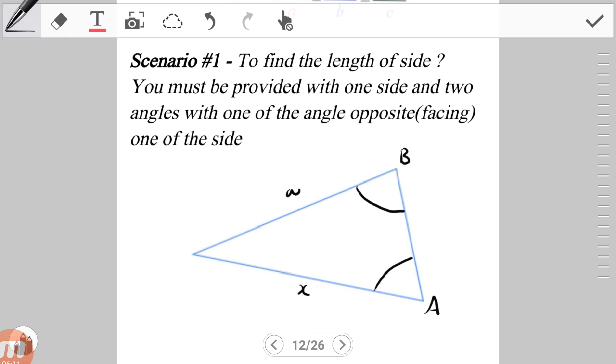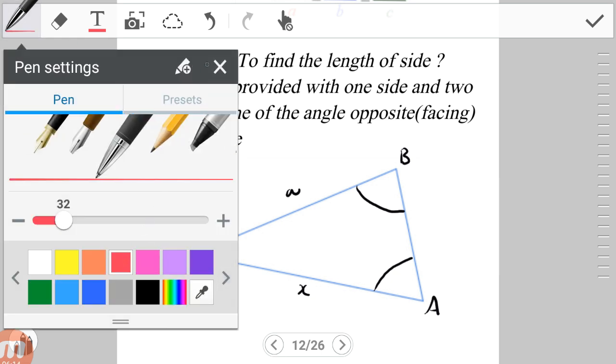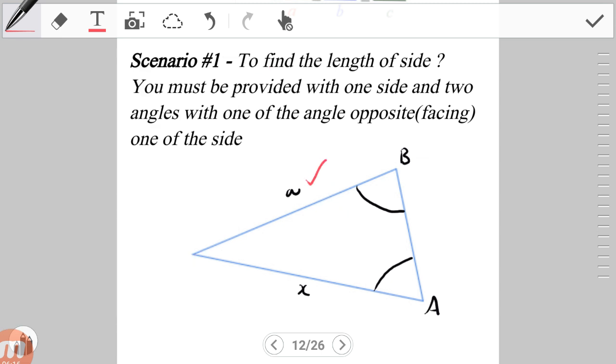So let's see, we are provided with a side and an angle opposite one of the sides, and we are looking for a side X, which should be represented by small b, and we are provided with the angle facing the side that we're looking for. So that is the scenario in which that must be provided for us to find the length.